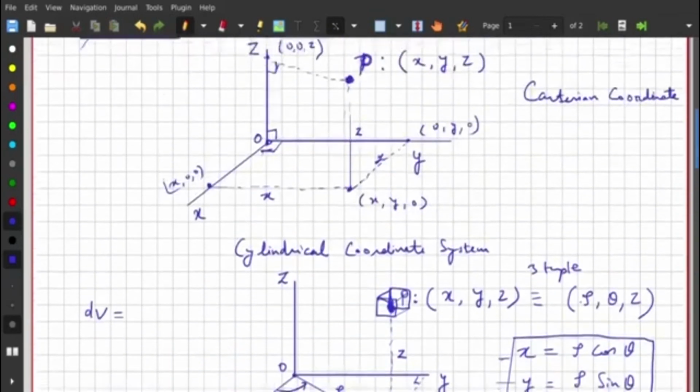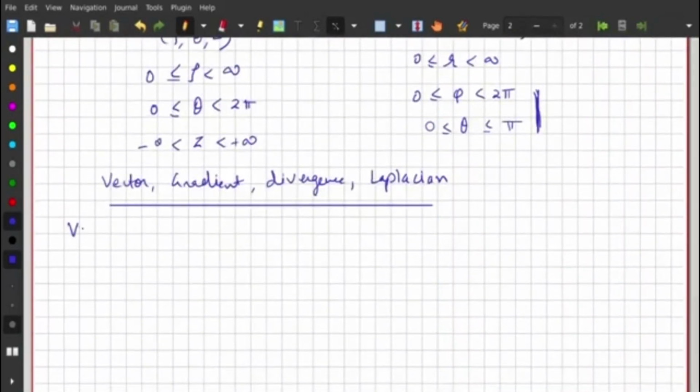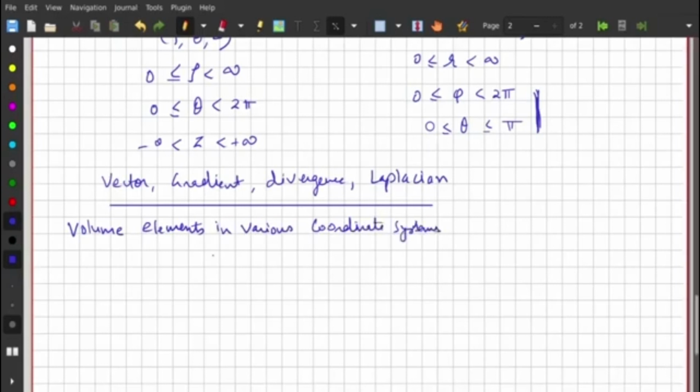Okay, and the volume of that small elementary volume, let's do it for Cartesian coordinates. So let me write down the volume elements in various coordinate systems. We have x, y, z, and this was the point, let's say P, given by x, y, and z.